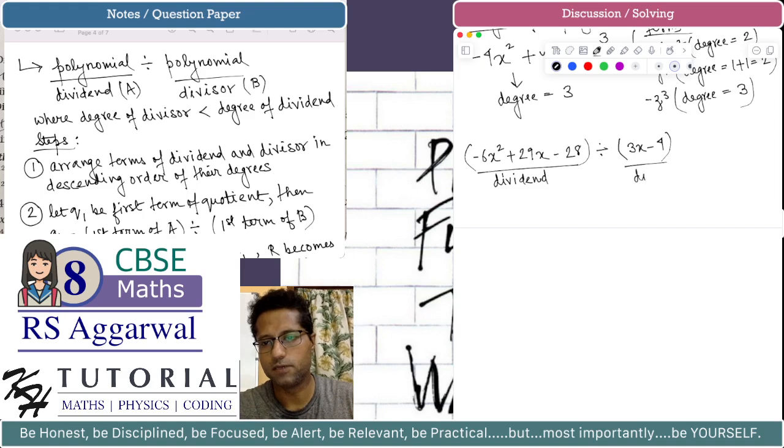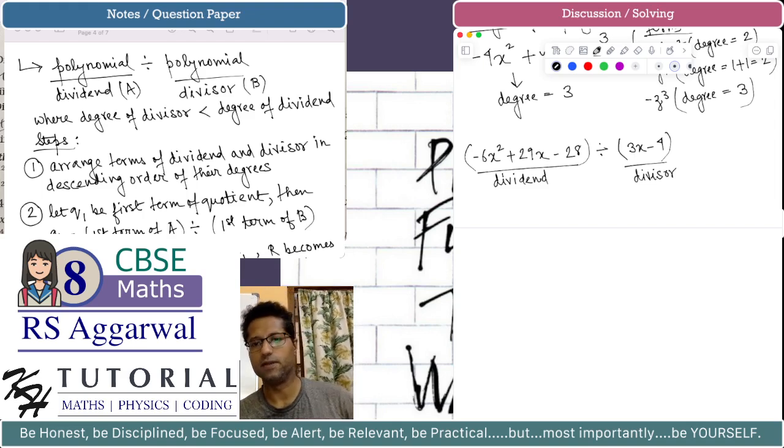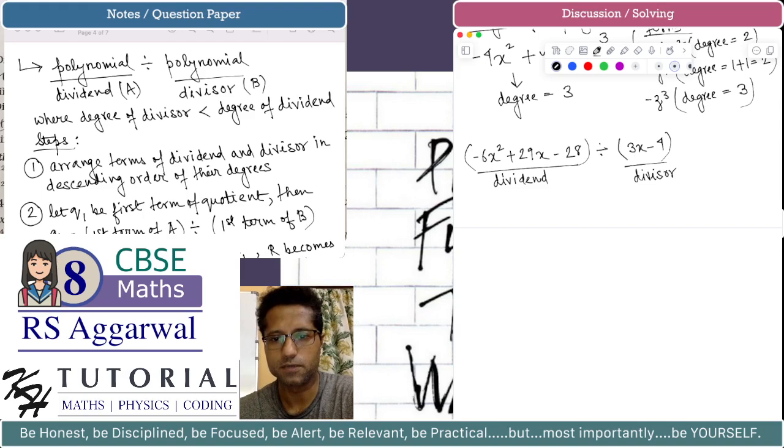So here the divisor is a binomial and the dividend is a trinomial. It has three terms. Now the first step is that you have to arrange the terms of both the dividend and the divisor in descending order of their degrees. So what does it mean?